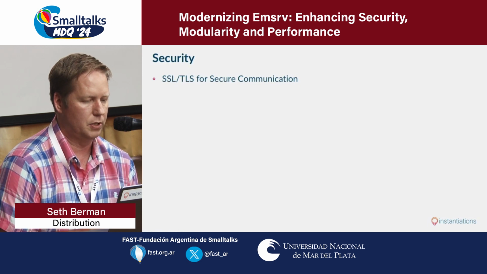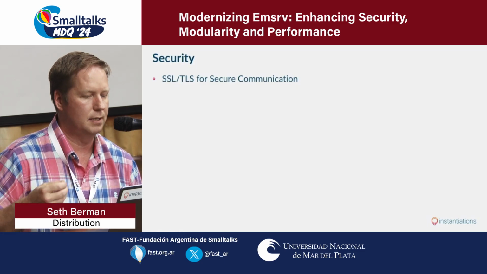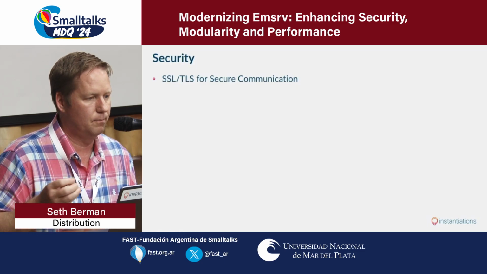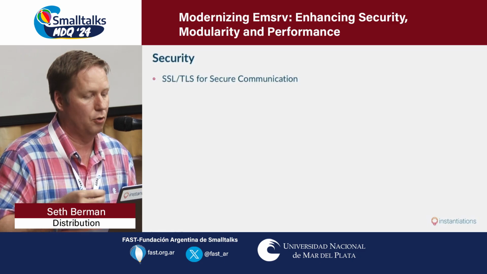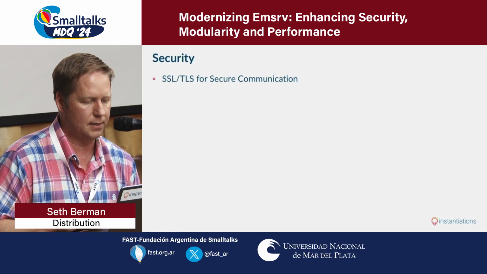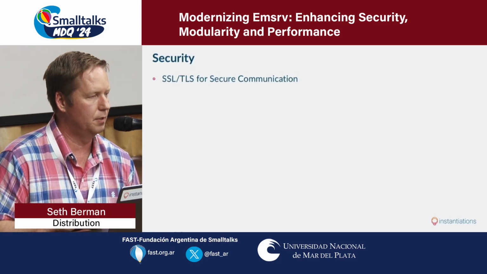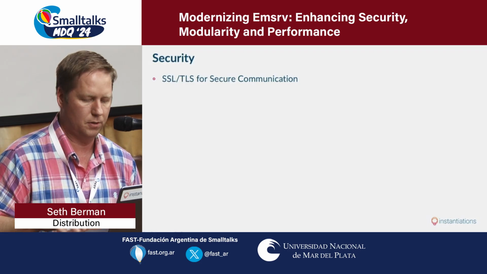We use ALPN protocols, which is the piece where it decides which version of the Envy protocol it's going to use during the SSL/TLS handshake. So it's very fast. It's basically all the ciphers and peer verifications.